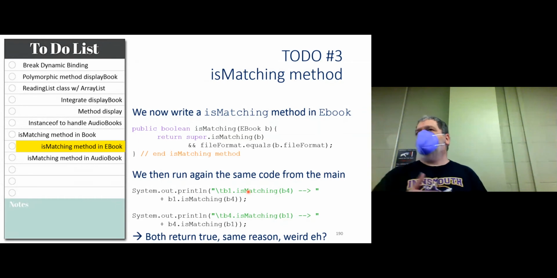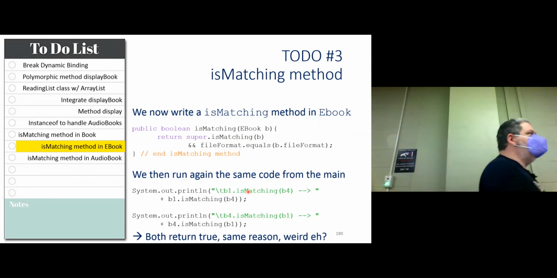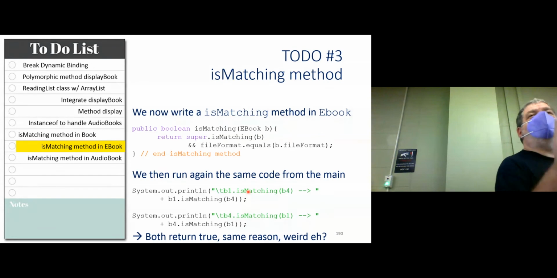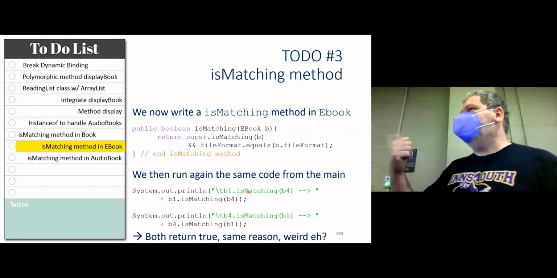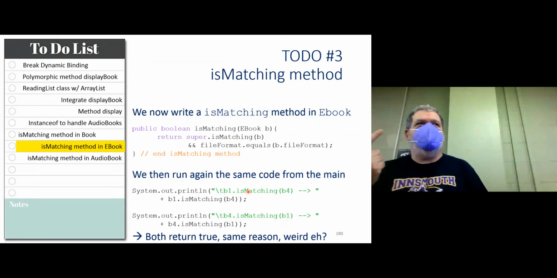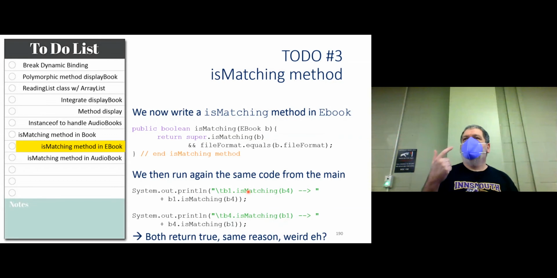Okay? So I'm looking up the isMatching method in the class Book. I've got one. That's the one that we wrote a few slides ago. It takes a book as parameter, so yeah, that's a good match. It returns a Boolean. Perfect. And what is it going to do? It's going to compare the ISBN, the title, and the O4. And that's it. End of story.